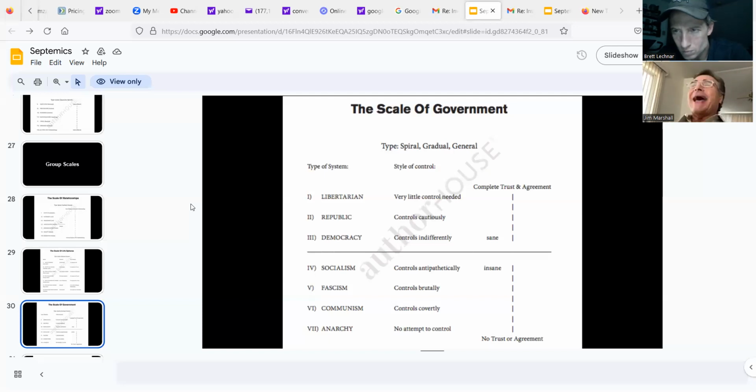I think it was Madison who said, if men were angels, no government would be necessary. But of course, we're not angels. So, communism controls covertly. Now, what I mean by that is they say, this is for the good of the people. This is for your own good.